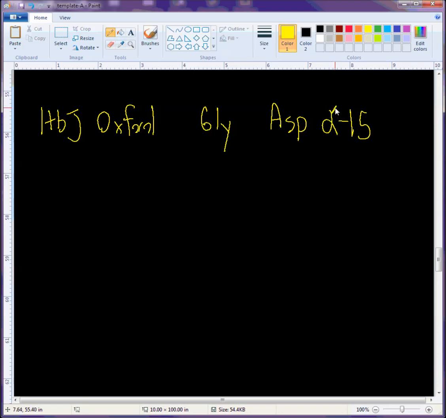Okay, so aspartic acid at position 15 in the alpha subunit instead of a glycine. Glycine is normally found there. In the wild type alpha subunit gene, we have a glycine coded at position 15, and in this person from Oxford, the alpha subunit encodes an aspartic acid at 15.